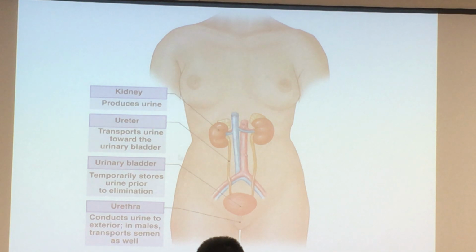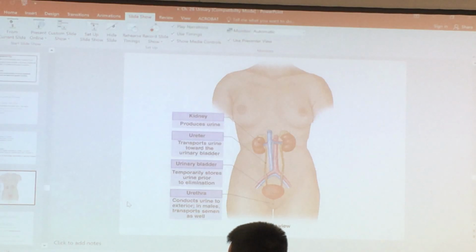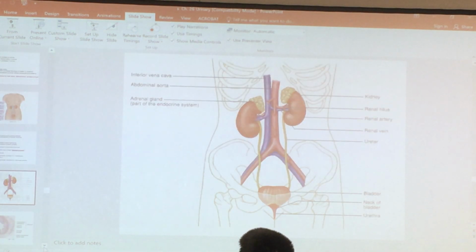And then I actually went through all this, kidney, ureter, urinary bladder, urethra, last week, right? So I think we probably can quickly jump to the other questions. Yeah, this one I will mention.